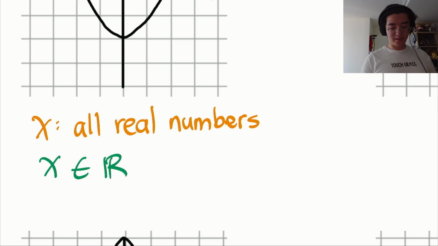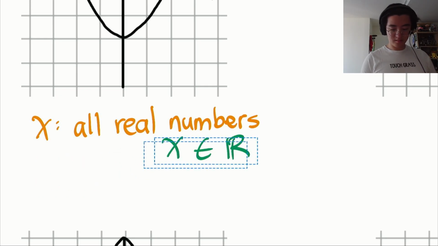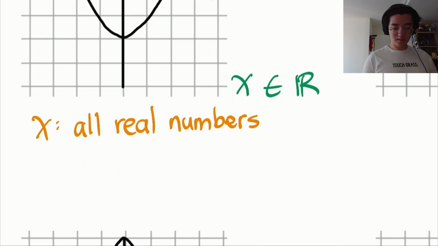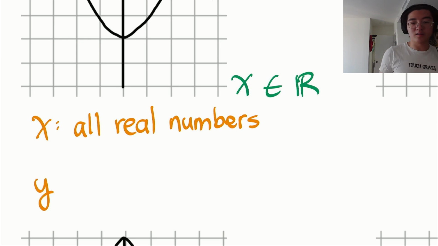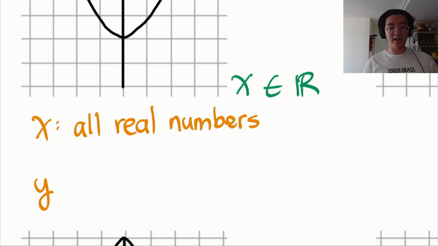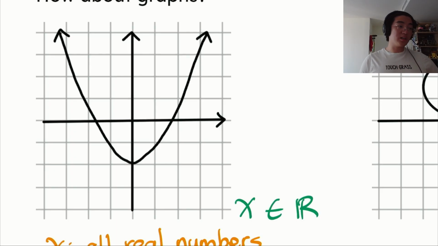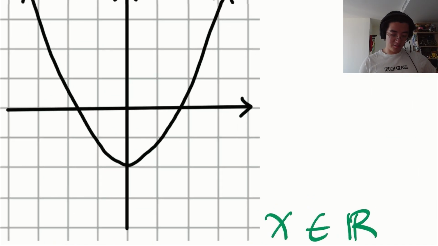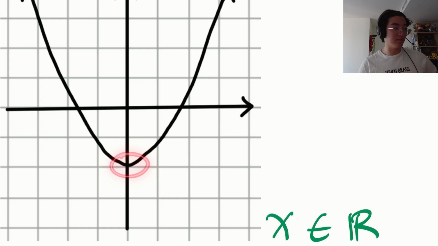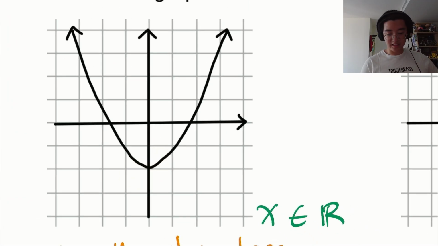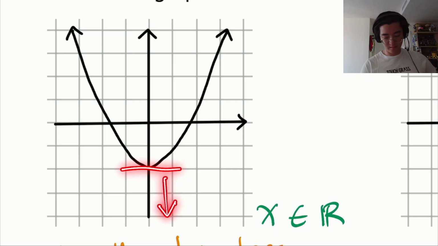How about the y? How about the range? The range is a little bit more obvious. So what can the y value not be? We know that the y value can be here, -2. But as you can see, there's no graph line below this -2 point.